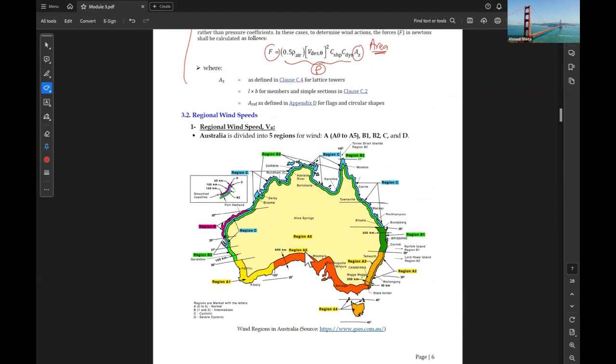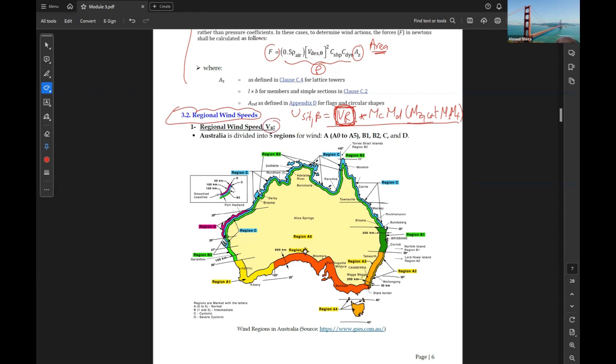Now, if we go to find the parameters in detail, if you remember, we have V site beta equal to VR times some multipliers: MC, MD, MZ category, and MSMT. These are all the parameters we need. The first parameter we need to determine is the regional wind speed, VR.